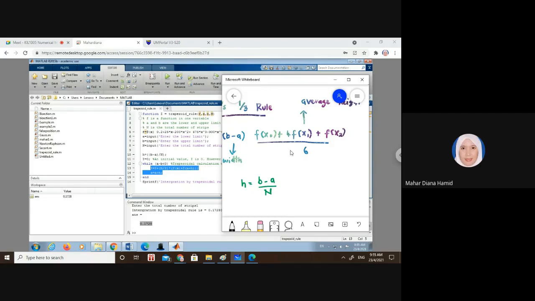So this H over 6 corresponds to H, this one, B minus A is H if n equals 1. So H divided by 6, so we bring the over 6 forward.